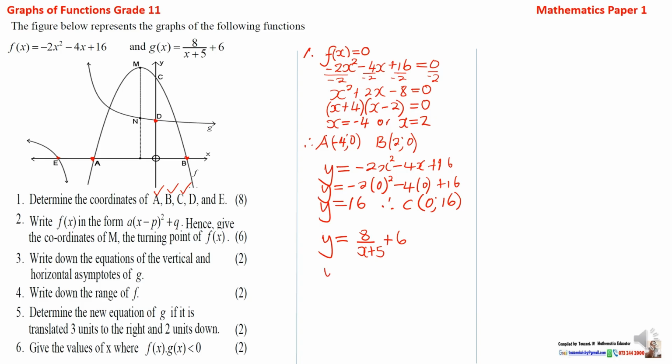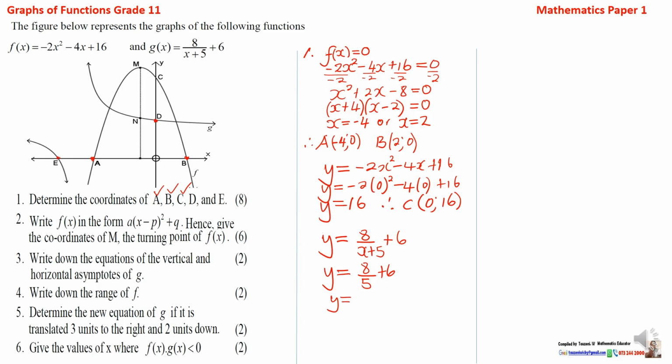So if we put 0 in place of x, this will be 8 divided by 0 plus 5, which is equal to 5. Then we add 6 and simplify that expression. In simplified form, the value of y is equal to 7.6.